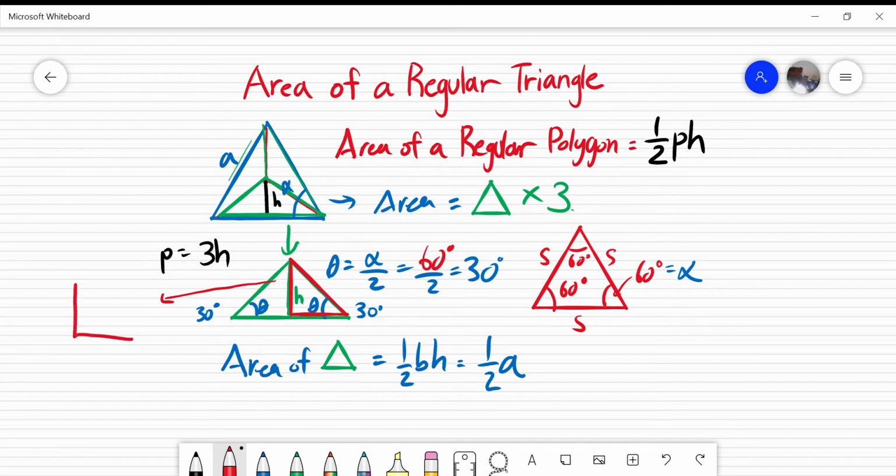We have this red triangle, and we have side H. And to figure out what H is, let's just label this side first. This is going to be A over 2, since this side also bisects this angle here.